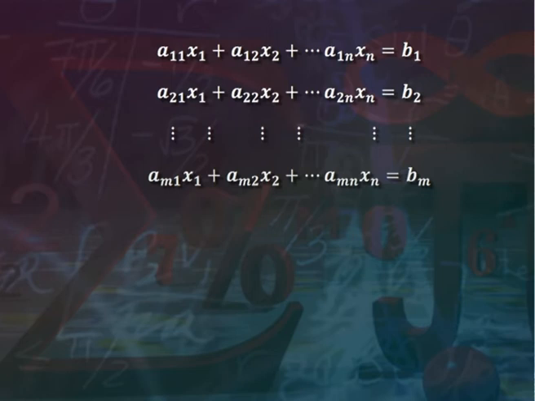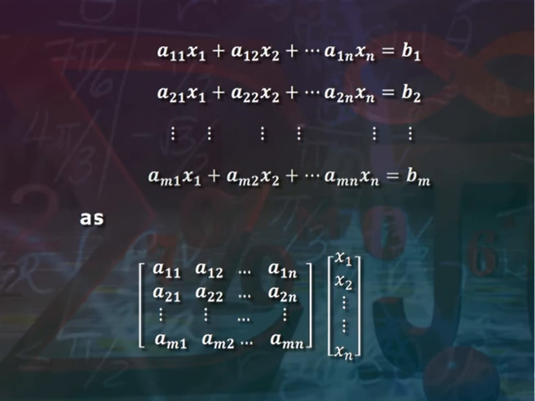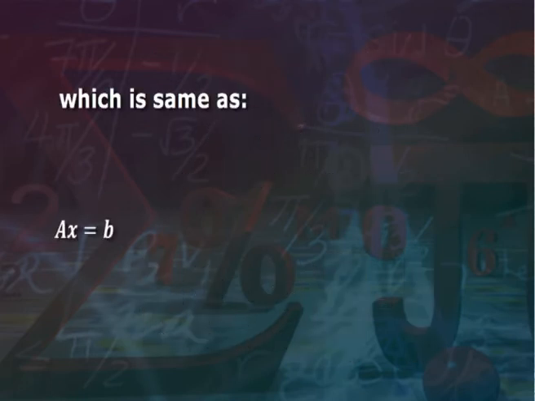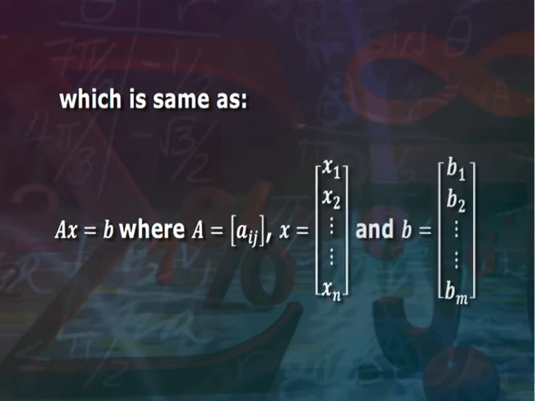Note that now we can write the equations a11 x1 plus a12 x2 plus up to a1n xn equal to b1, a21 x1 plus a22 x2 plus up to a2n xn equal to b2, up to am1 x1 plus am2 x2 plus up to amn xn equal to bm, as the matrix A multiplied to a column vector x1, x2 up to xn equal to the column vector b1, b2, bm, which is the same as Ax equal to b, where A equals the matrix aij, x is the column vector and b is the column vector b1, b2 up to bm.